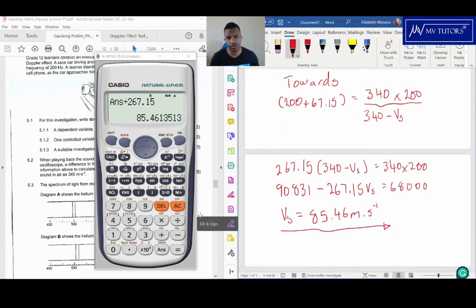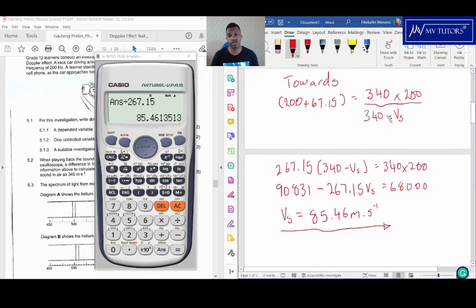And when it's moving away, the difference is it will be 200 minus 67, because remember the hertz you're hearing as it moves away becomes fainter and fainter. So you'll subtract that, and then remember the Vs here for when it's moving away is positive.